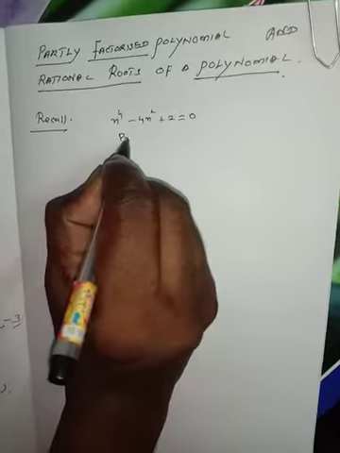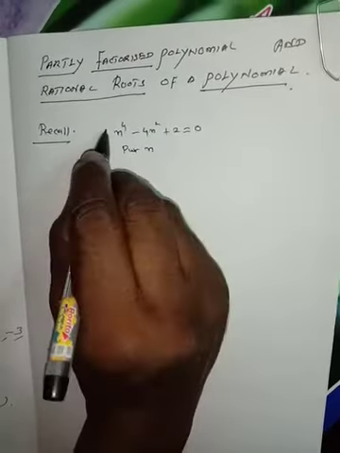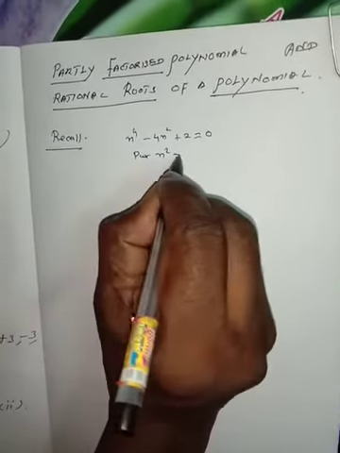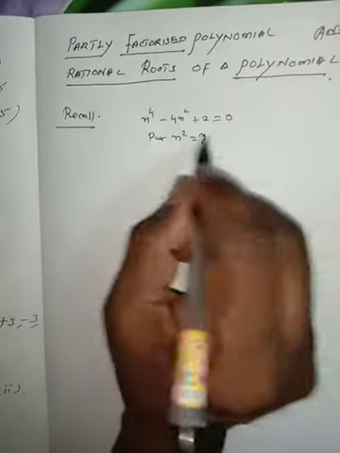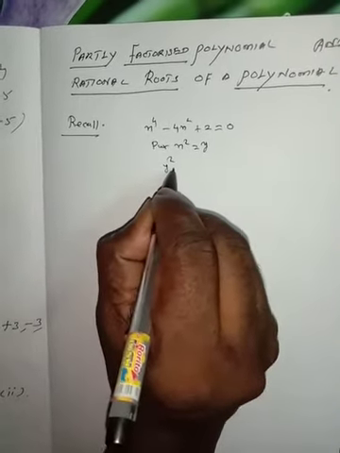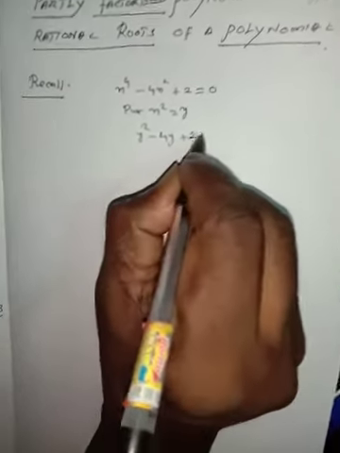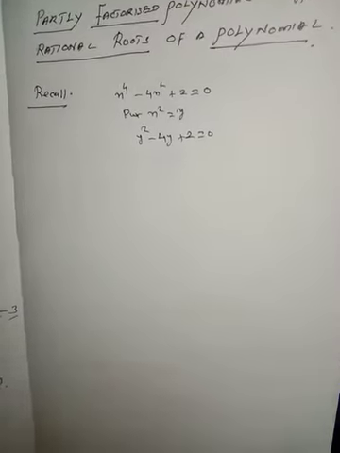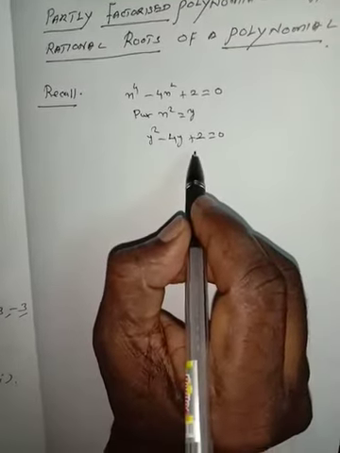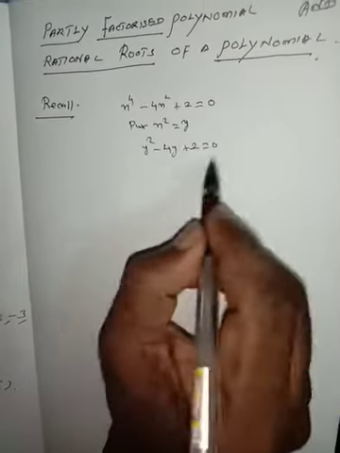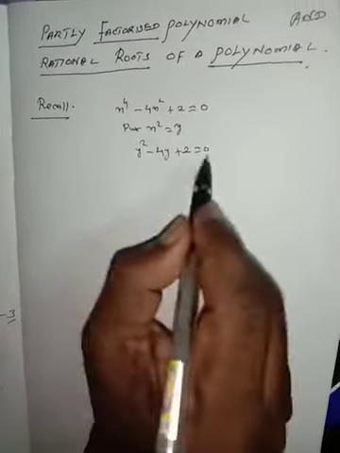Put x power 2 is equal to y. Then the equation becomes y square minus 4y plus 2 is equal to 0. This is a quadratic equation having two roots. We know the formula method, factorization method and completion of square method.